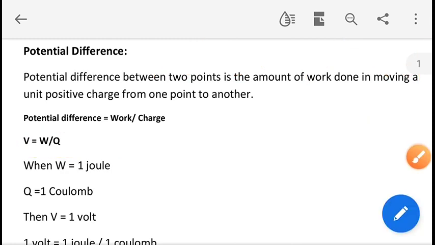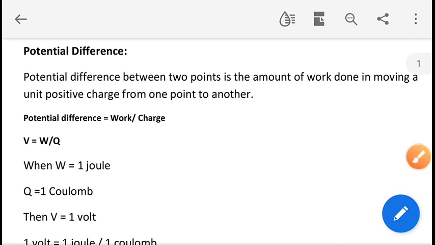And as I explained 1 ampere of current in the previous class, in the same way now I am going to explain how much 1 volt is.